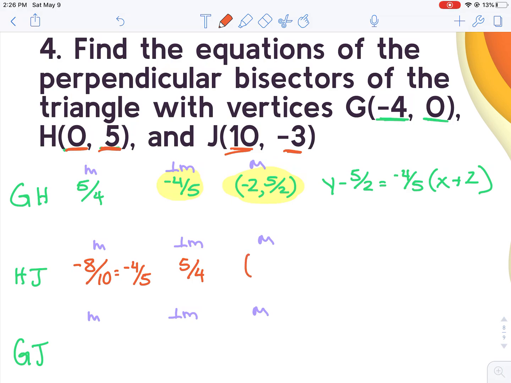My midpoint then is 5, 3, 1. Using this point and this slope, I have y minus 1 equals positive 5/4 times x minus 5.